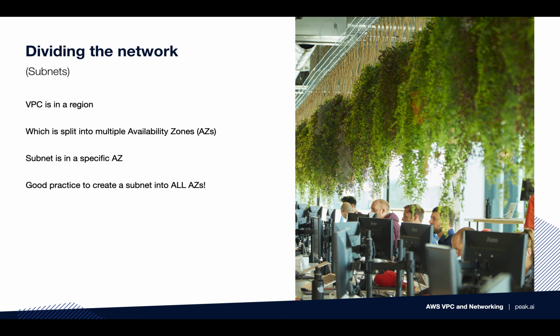For example, things like auto-scaling groups with EC2 instances, so that you can spread the load, spread the resources across those availability zones, and if anything happens to any of those, the other availability zones can pick up the load.